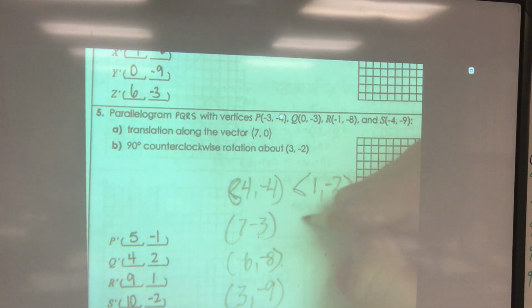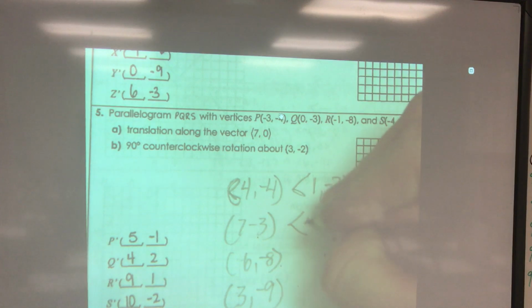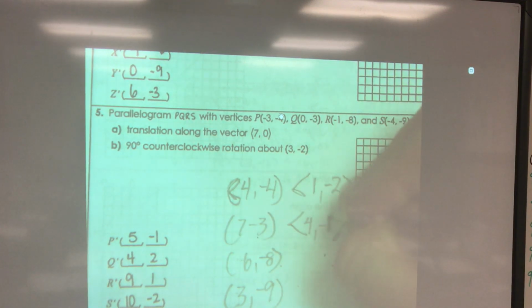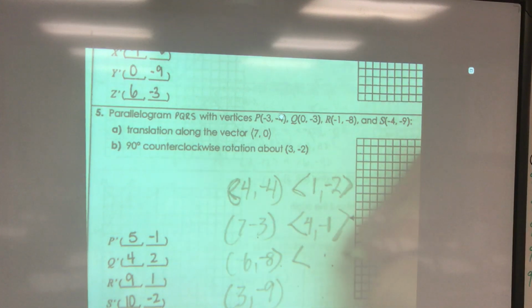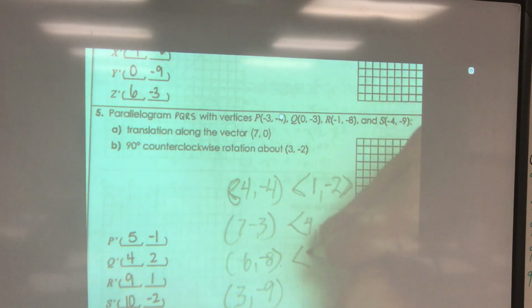Then we have from here to here, so that's going to be 4, and -2 to -3 went down 1. Then we have 3 to 6 went up 3, and -2 to -8, it went down 6.